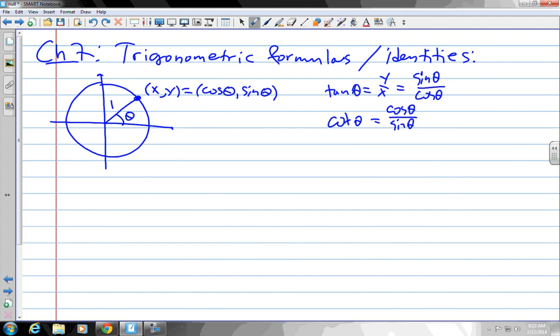And also, we've mentioned that before, and I'm now just making this official, that secant theta is the reciprocal of cosine, so it's 1 over cosine. And cosecant theta is 1 over sine. Okay?